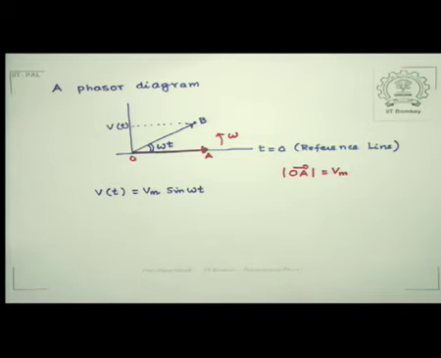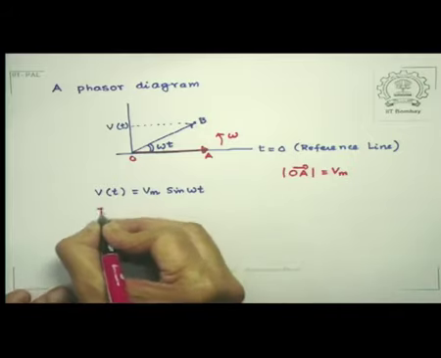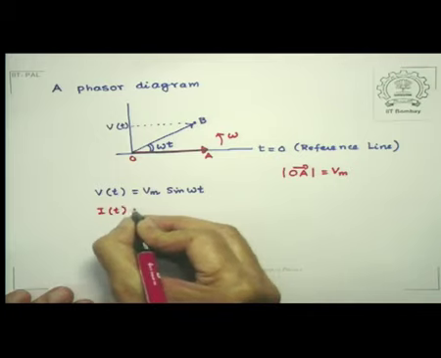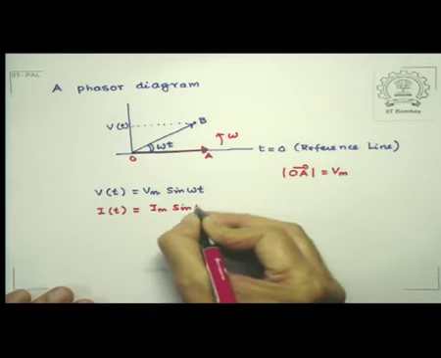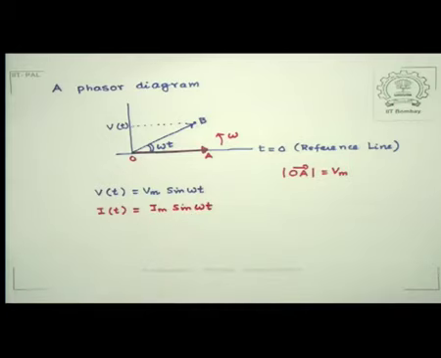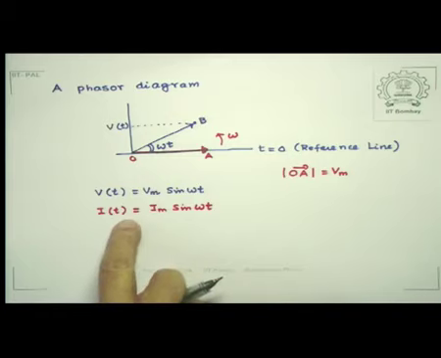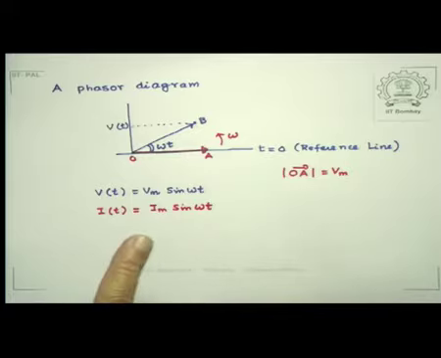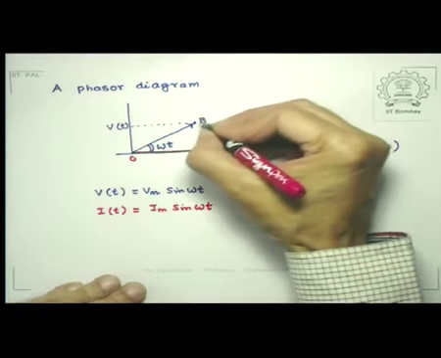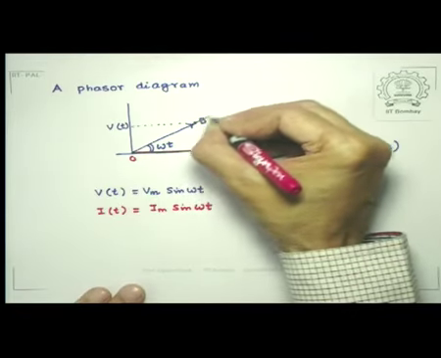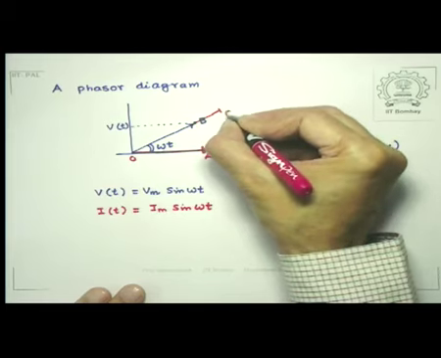So what we do is this: suppose I write I of t for a purely resistive circuit to be given by Im sine omega t. Remember, the current and the voltages are in phase. Then at all time the current phasor is lined up along the direction in which the voltage phasor is lined up, and suppose I decide on a scale in which the current magnitude is given by the length of the vector OC.